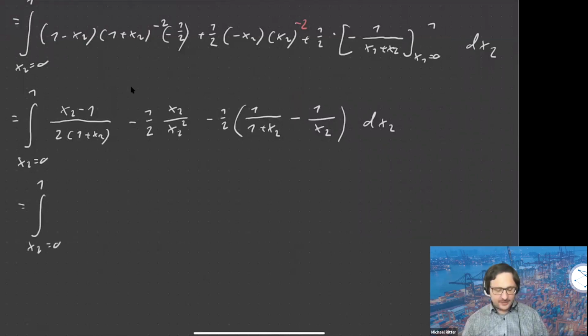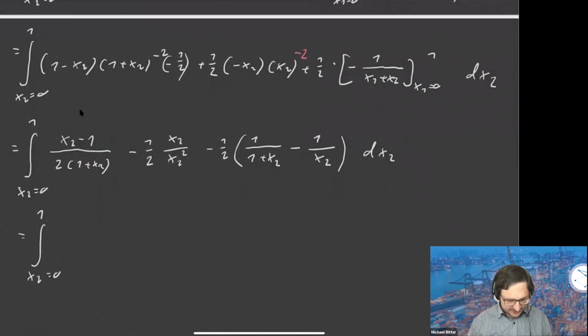Okay, let's see if we can simplify this a little more. Okay, first what we're going to do is, we have here this expression x2 minus 1, and here's an x2 plus 1. I'd actually like to have an x2 plus 1 in the numerator as well, and I just see I have again made a mistake. There should be a square here, right? This one.